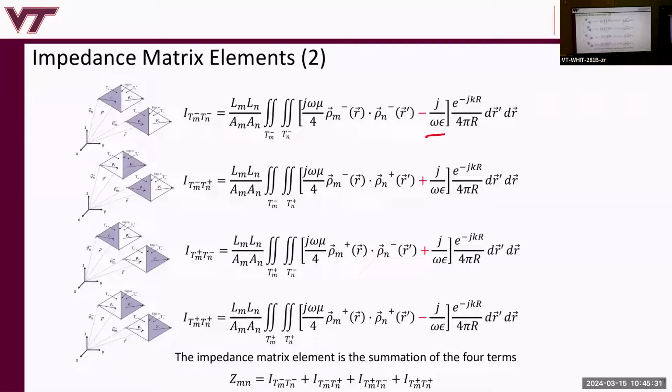Because 1 over k squared times j omega mu, what does that equal? Well, that's j omega mu times 1 over omega squared mu epsilon. So you get j, the omega cancels leaving one omega in the denominator, and then the mu cancels, you get epsilon.